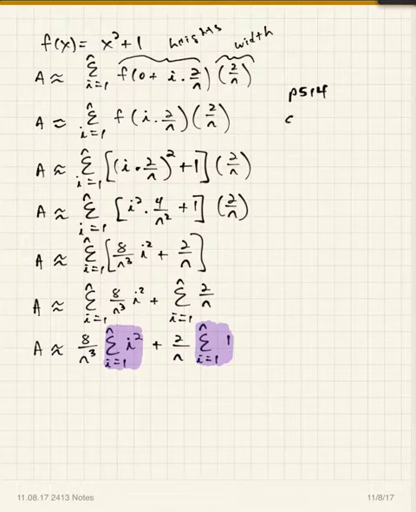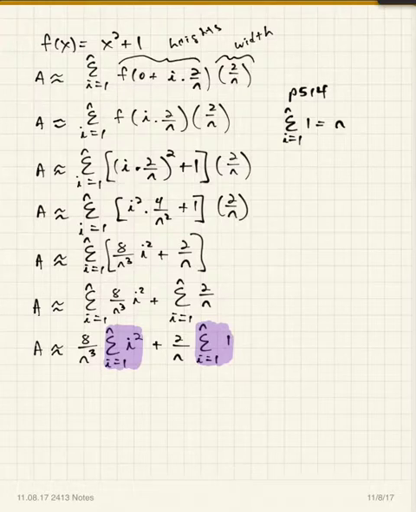The sum as i goes from 1 to n of 1 is just equal to n, because all it is is 1 plus 1 plus 1, n times. So if you have a sum of 1 as i goes from 1 to n, you can always just replace that with n.